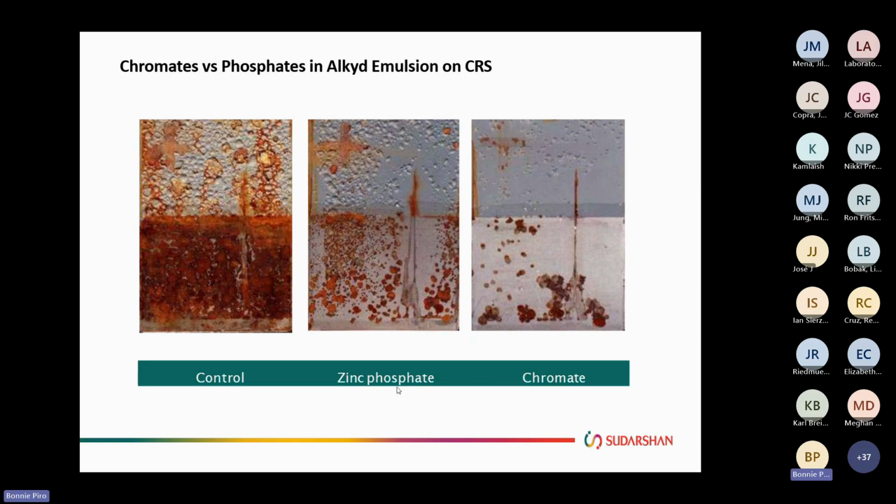In this case, the middle one is the zinc phosphate. So we see some improvement in the scribe area as well as in the crosshatch area, a little bit of improvement there. Certainly an improvement from the blistering perspective.